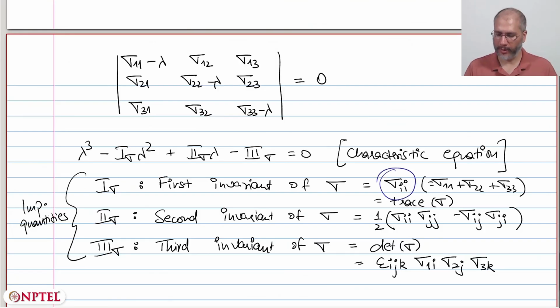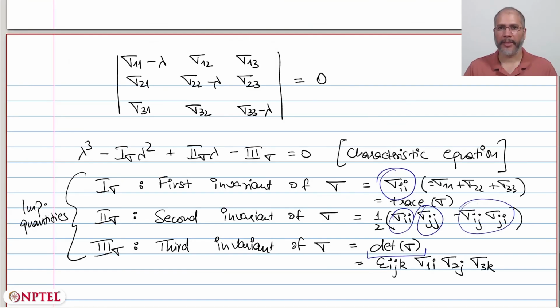So that means sigma ii sigma jj are also invariant, and we had shown that sigma ij is an invariant as an exercise as well. But in this case you have sigma ij times sigma ji. But remember, sigma is symmetric, so this is basically the same as sigma ij sigma ij, which has been shown to be invariant. So the second invariant is also an invariant, as we have shown through various previous exercises.